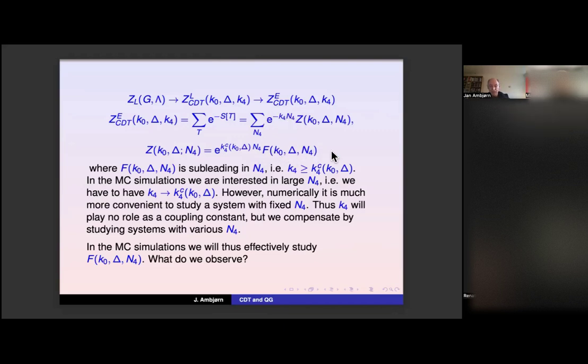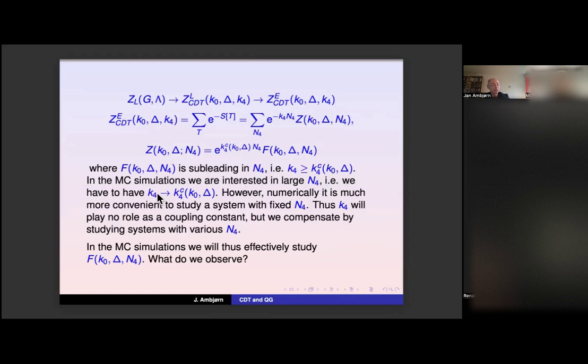And this function f here is sub-leading compared to this exponential growth. So this partition function is well defined when K4 is larger than K4 critical here. And it is ill-defined, it's just plain divergent, when K4 is less than K4 critical. So clearly, we are interested in large N4s.